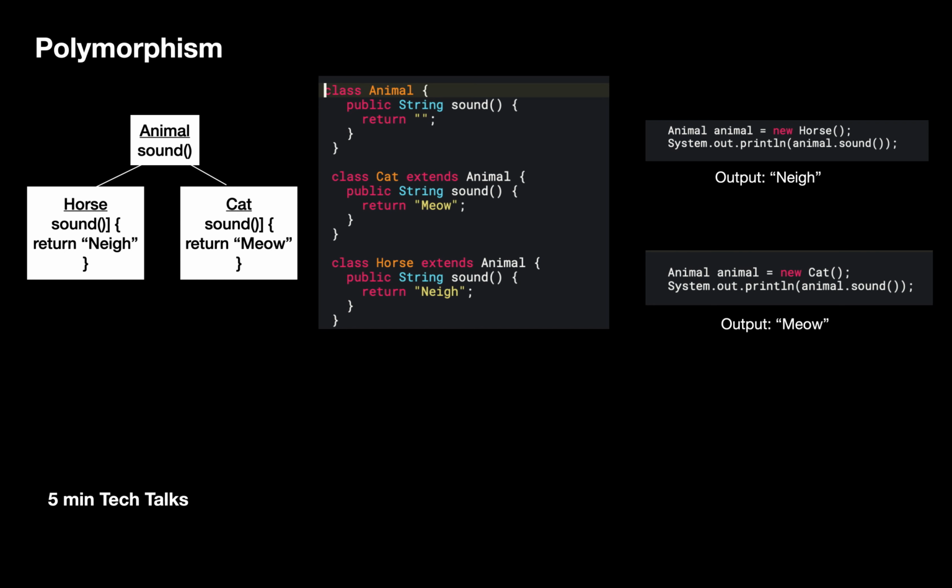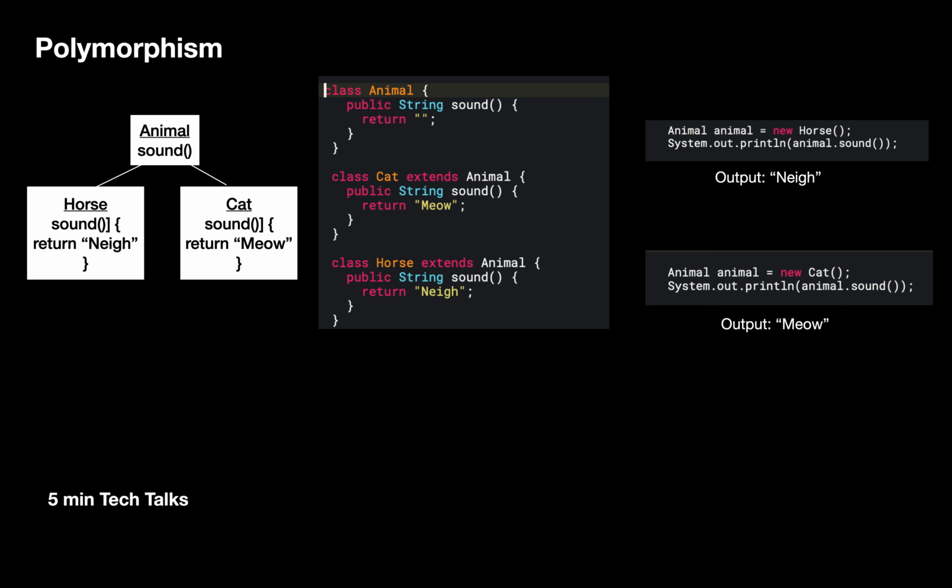Now, if I instantiate a horse and assign it to the variable of animal and print animal.sound, since this object has been instantiated by using the horse constructor, the output will be neigh, as shown in the top example here on the right hand side.